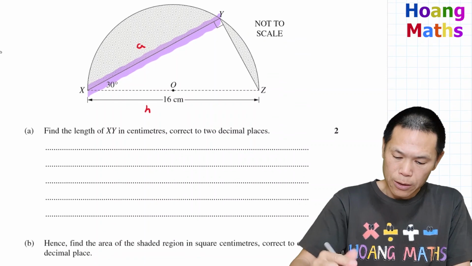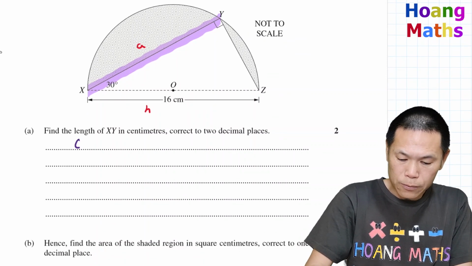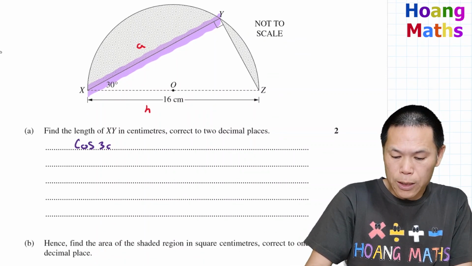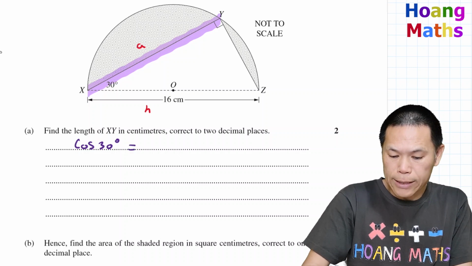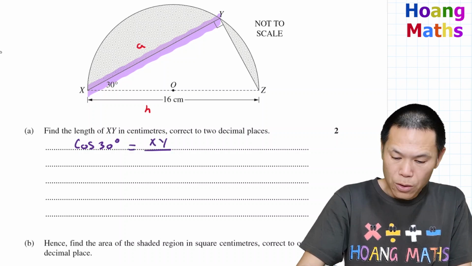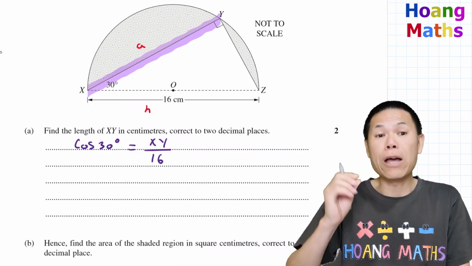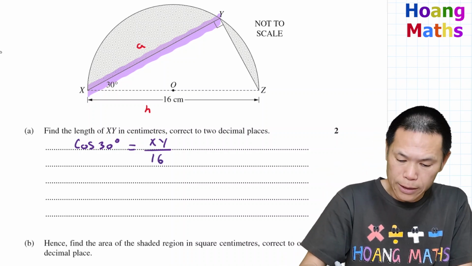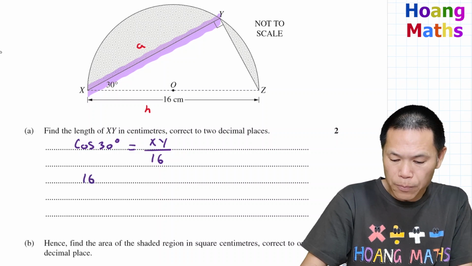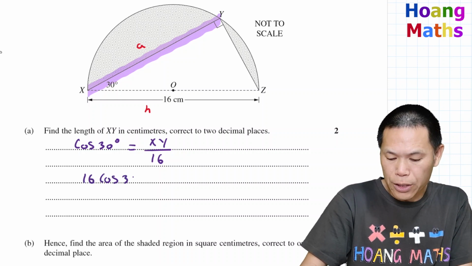So we go cos of 30 is equal to adjacent, which is XY, over h. But h is 16, so I just multiply by 16 on both sides. So this becomes 16 cos of 30 is equal to XY.